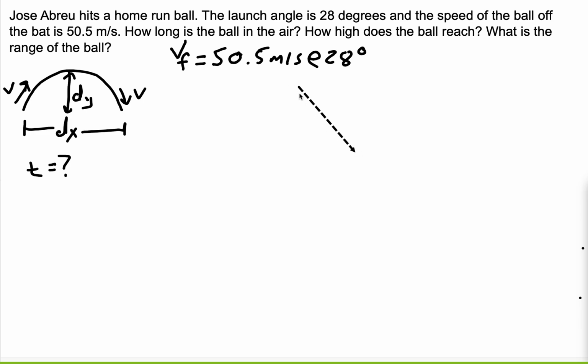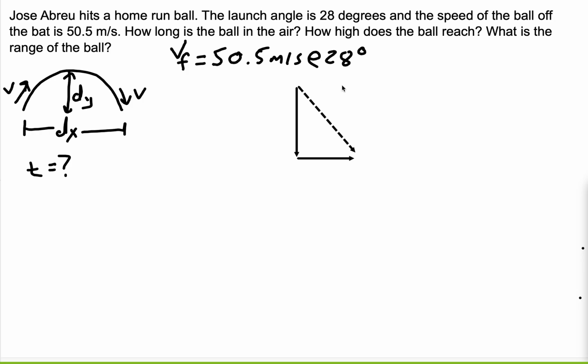This is the actual final velocity. Then I'm going to draw in what would represent final velocity in the y direction. There we go. And then this would represent velocity in the x direction, which never changes.